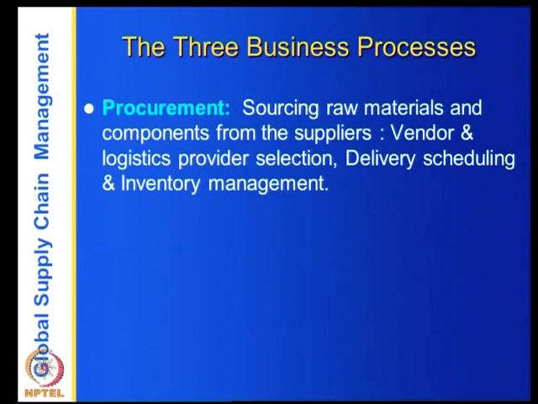And procurement is an important business process for any manufacturer, because if you don't select the right suppliers and the right logistics players, your deliveries could be delayed, which means that your production gets delayed, and that means your customers will be unhappy, and so on. So you have to keep a lot of inventory if your vendors and logistics providers are not good.